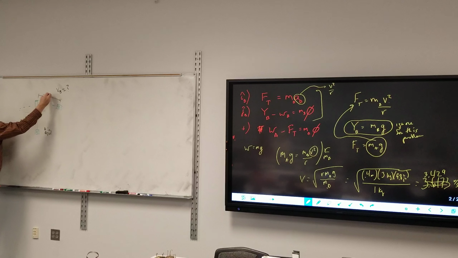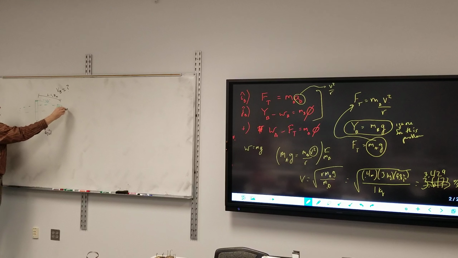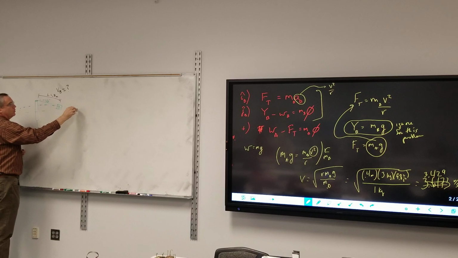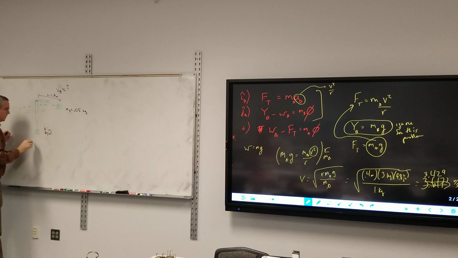And what do we make this? 0.7 meters. Mass of B, we're going to make 0.05 kilograms. And the mass of A, we will make 0.20 kilograms.